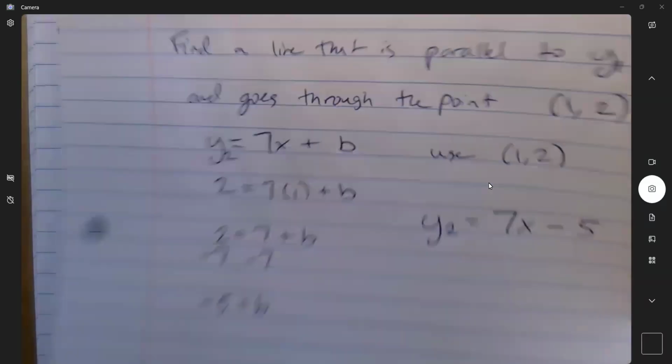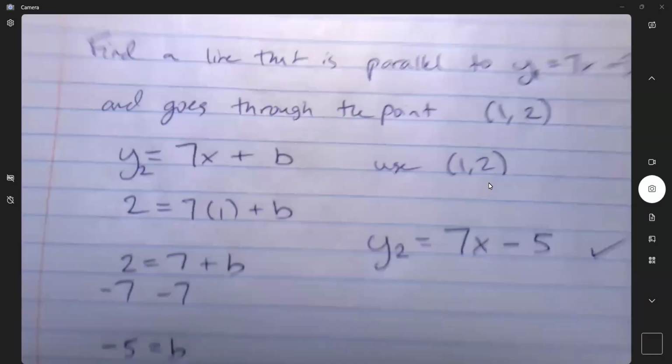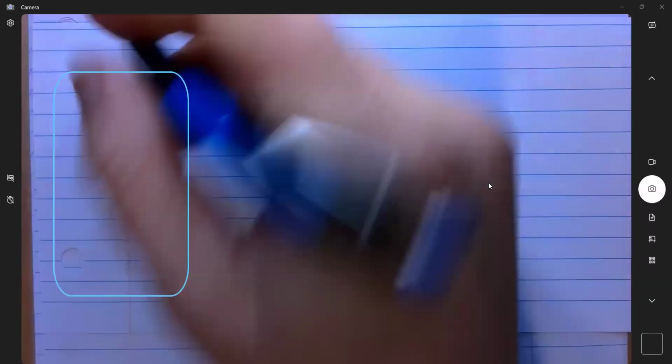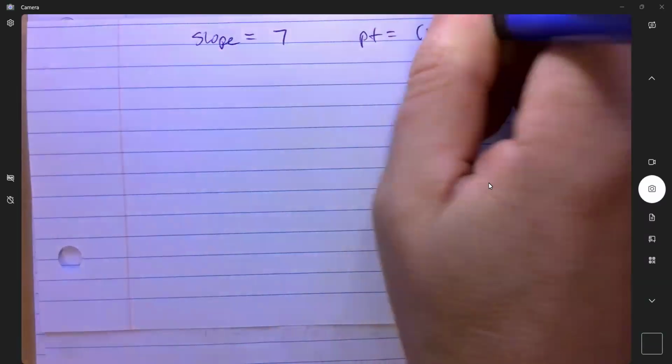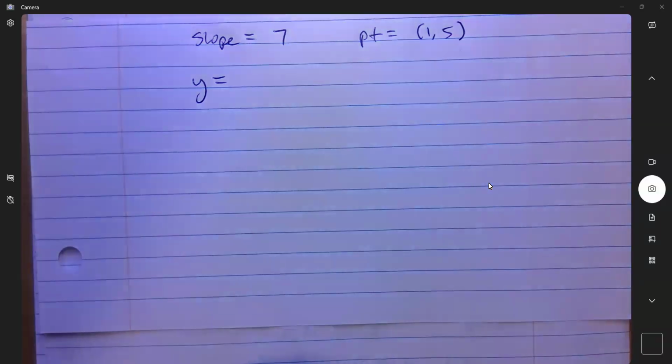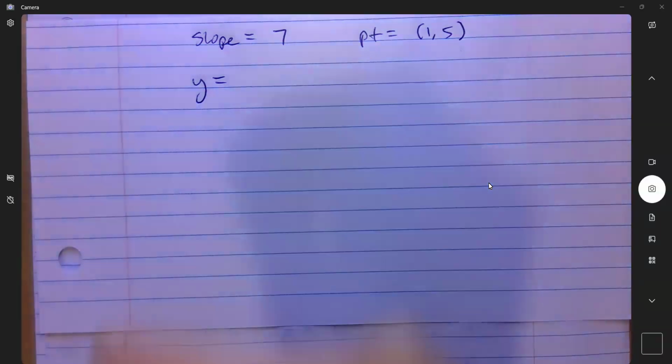The truth is there's a faster way to do this, which is, instead of using slope-intercept form, which is still my recommendation, you could use point-slope form. So I know the slope has to be 7, and the point is (1, 2). So I use my point-slope form, which I talked about in a previous video.